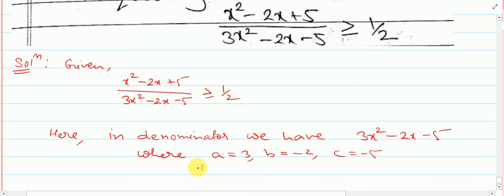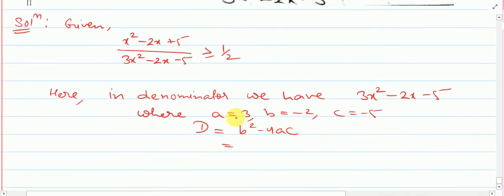Clear? Then the discriminant will be b square minus 4ac. Here actually I'm trying to find the sign of this quadratic function. So b square means minus 2 square, that is 4, and minus 4ac. Clear? So we are getting 4 3s are 12 and 12 5s are 60. This is greater than 0.